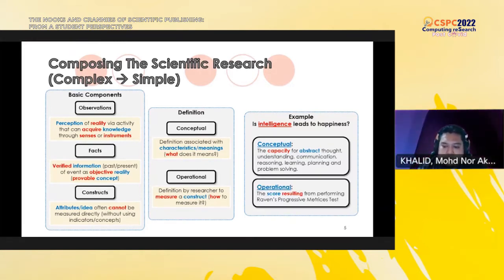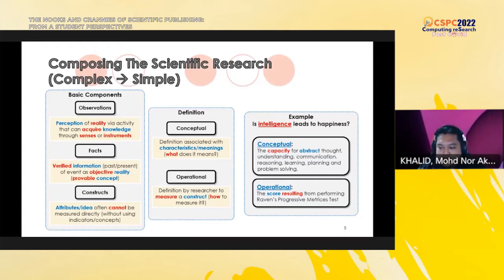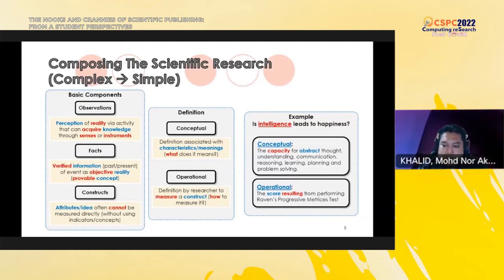Of course, in terms of operational, how they actually did it is by using certain methods or certain tests or certain scales and so on, or a certain algorithm or system to get the resulting definition.